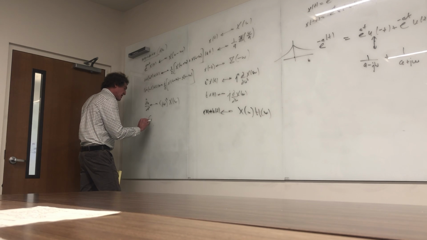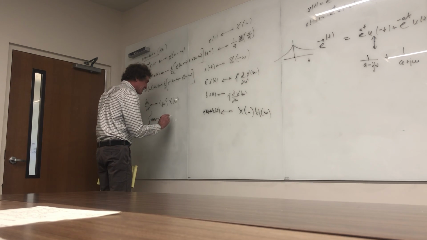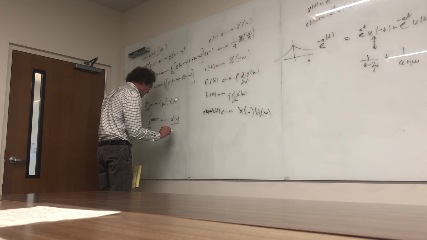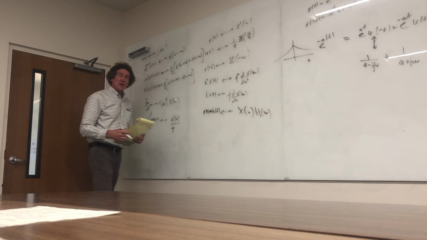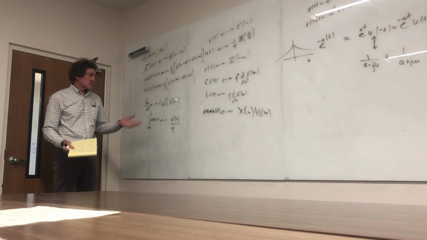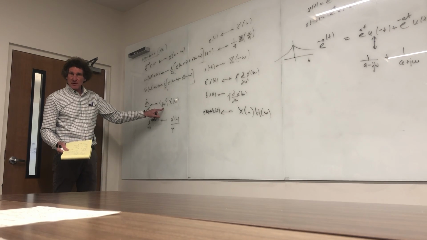Oh yeah, might as well put the integral. We did the integral, right, x of tau d tau, integrated from minus infinity to t, goes to X of omega over, in this case, j omega. Now that squares with Laplace. Remember with Laplace it's just X of s over s, right? The derivative brings an s out or brings a j omega out.